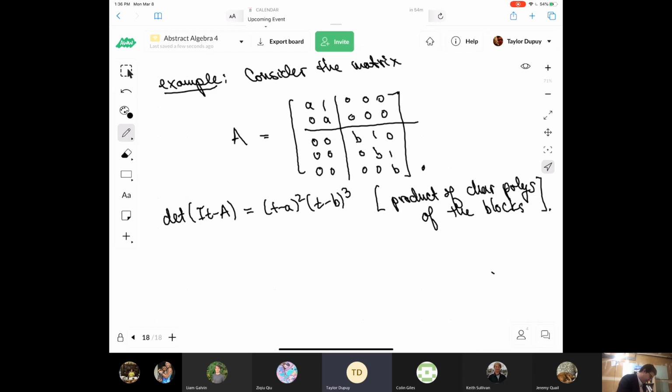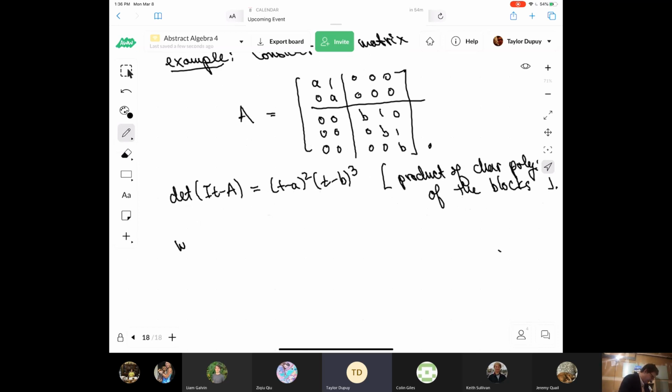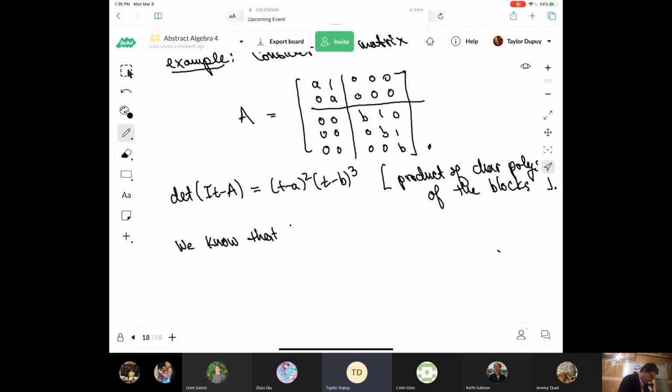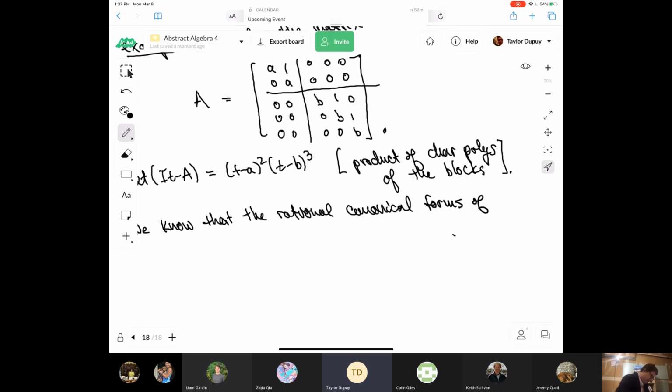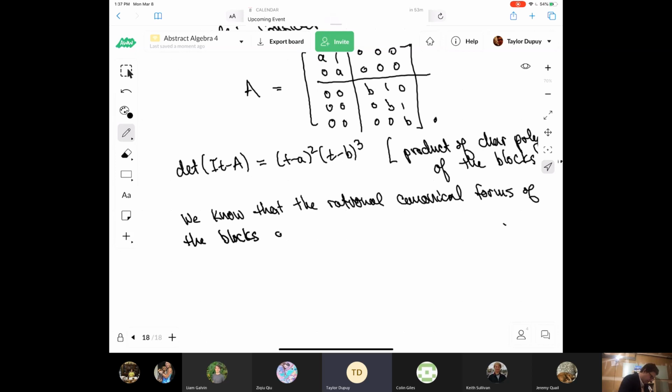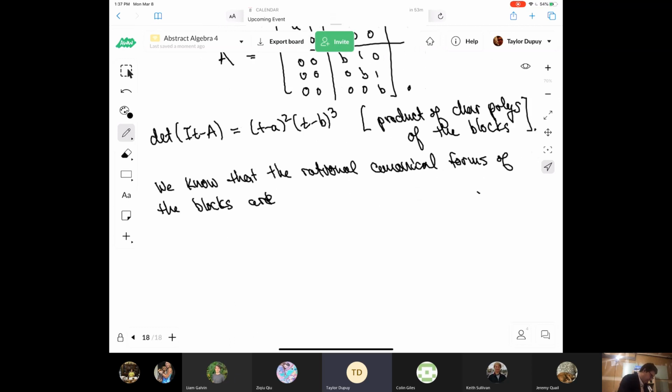So the rational canonical forms of the blocks are C of (t minus a) squared and C of (t minus b) squared.